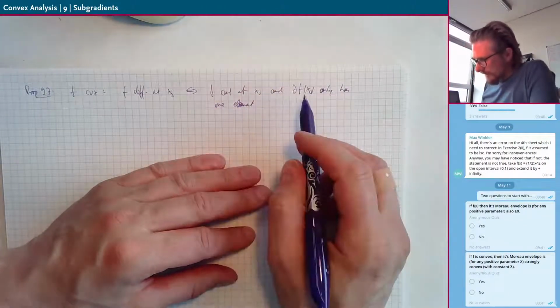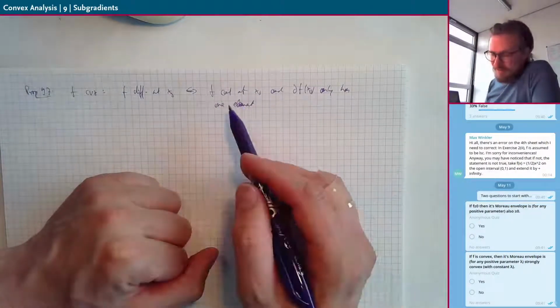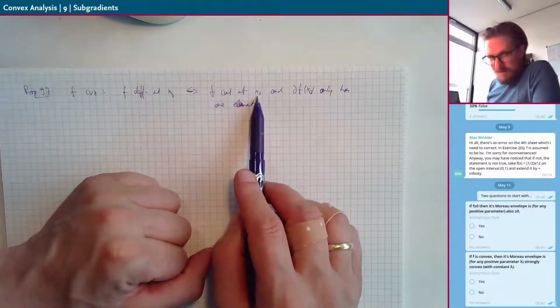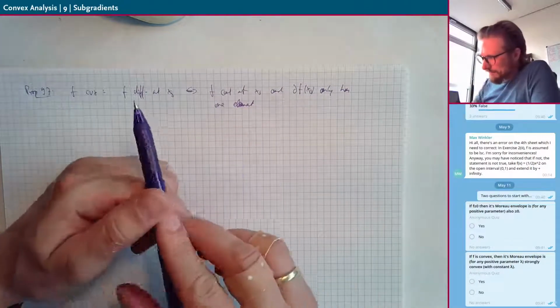So a convex function is differentiable at some point if and only if it's continuous at that point and the subdifferential has exactly one element.